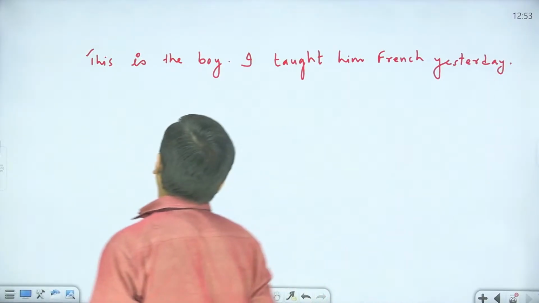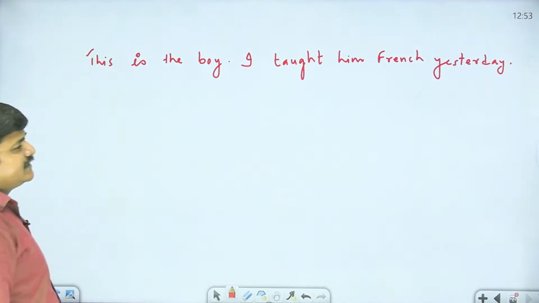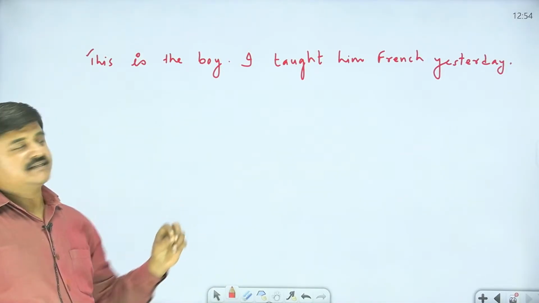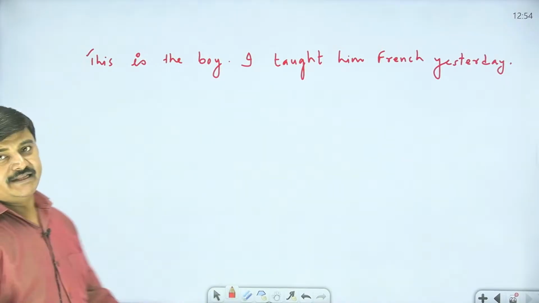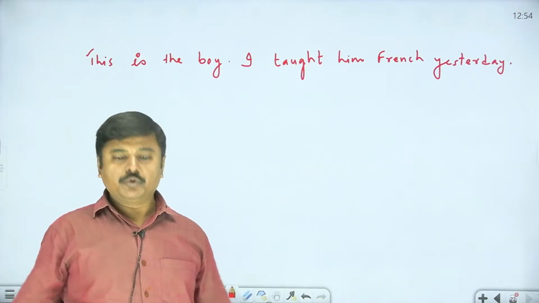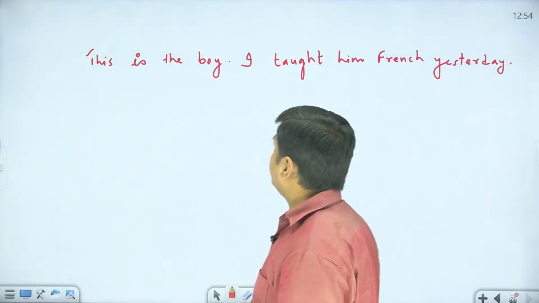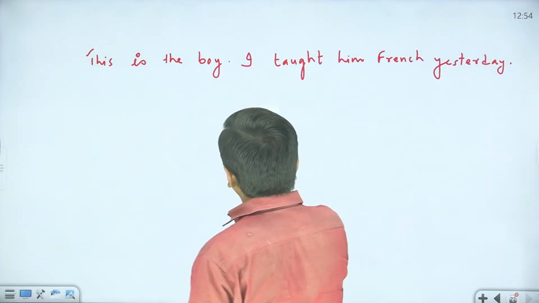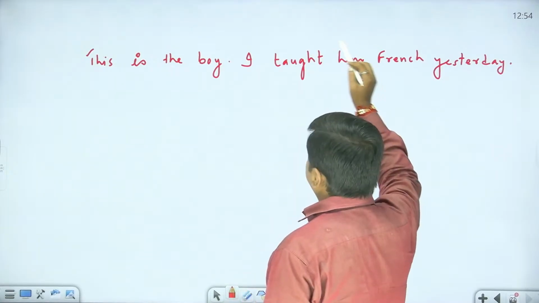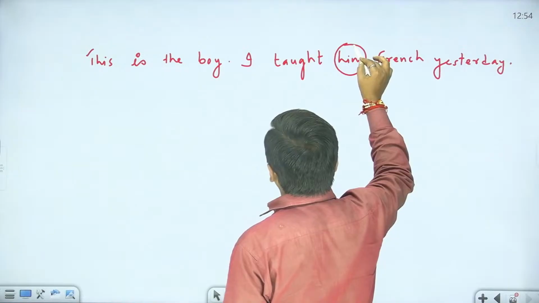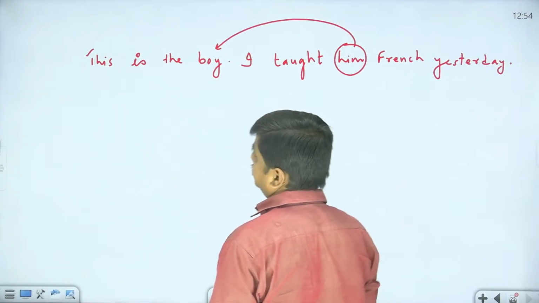This is the boy. I taught him French yesterday. These are the two sentences and I want to combine them. How to do that? What is the link between these two sentences? If you watch carefully, you will find him. Him is related to this word.